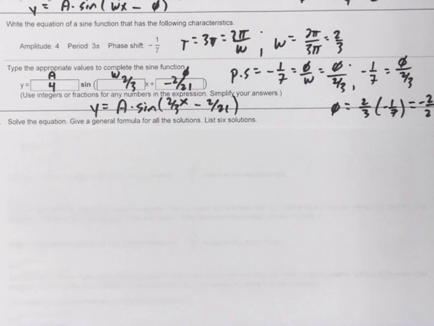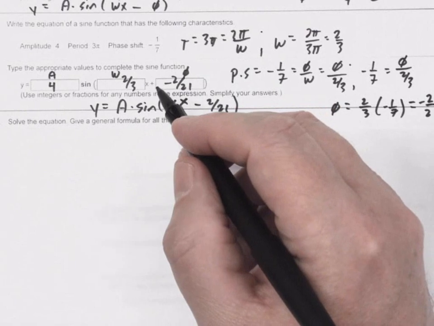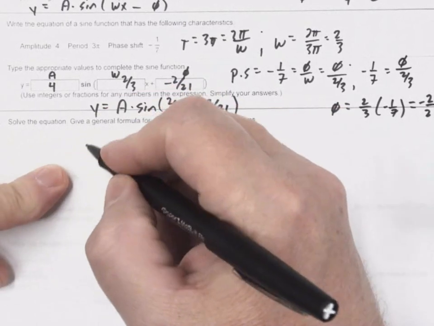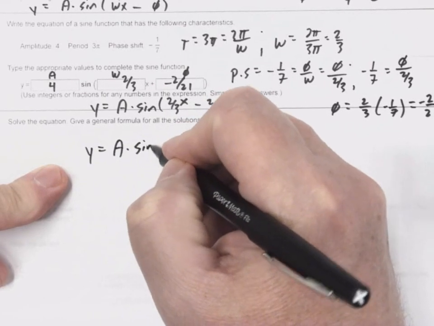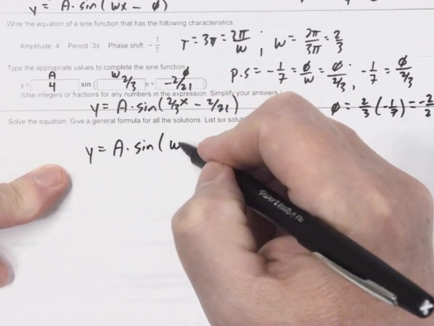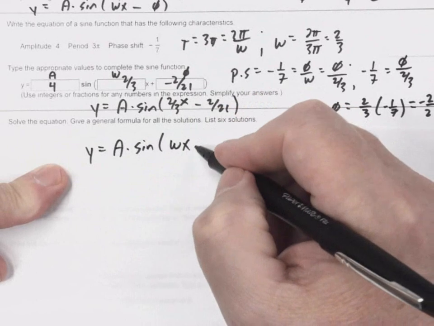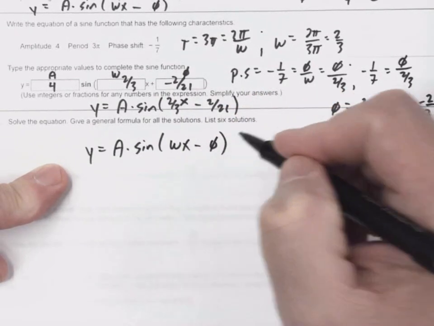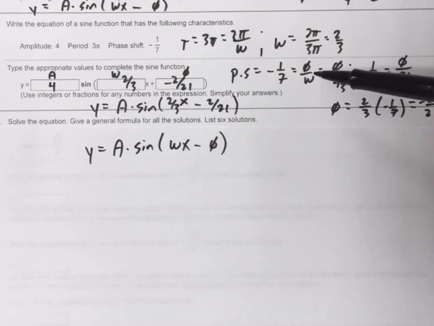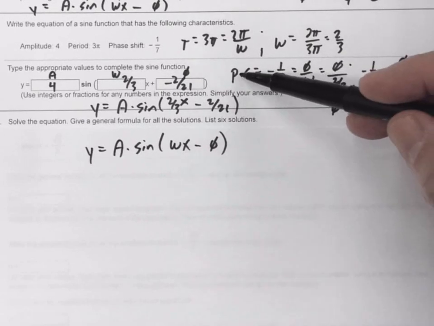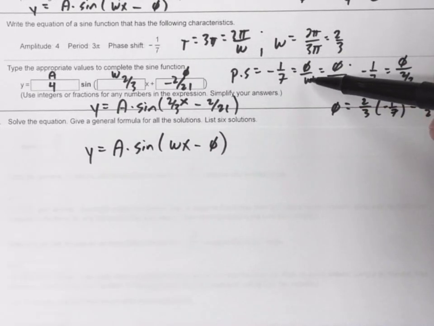Although, while I have a second here, just for fear of misleading you, the standard equation is a times the sine of omega x minus phi, and the phase shift is phi over omega.